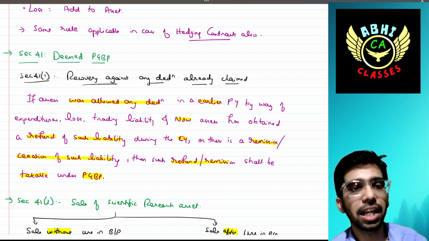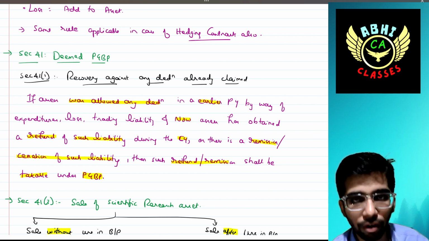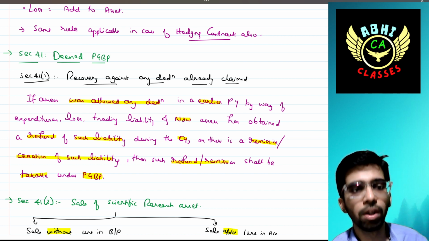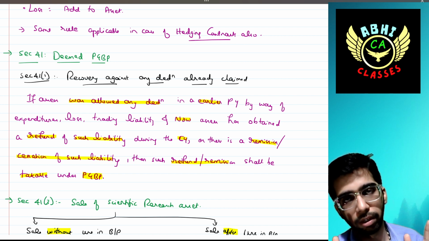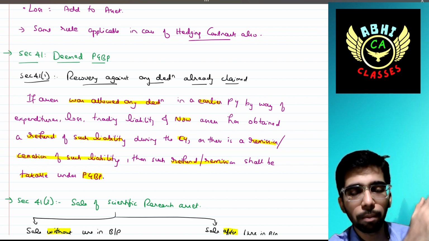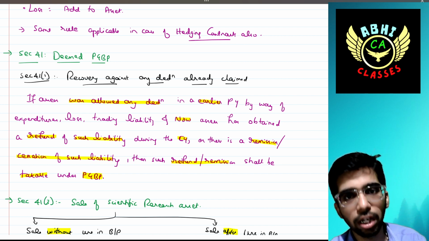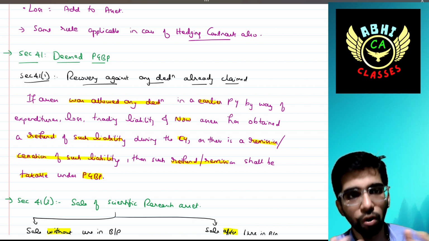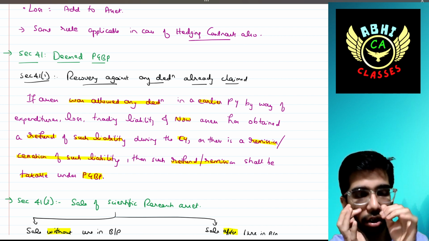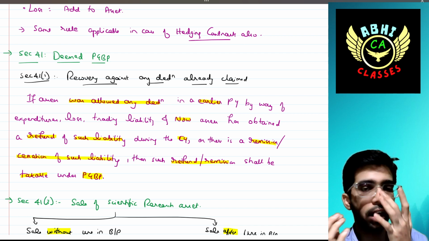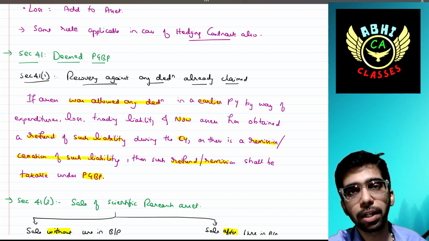This is treated as cessation of such liability. Then such refund, remission or cessation shall be taxable under PGBP. If it was allowed in a previous year, and if it is remitted, refunded or ceased, then that will be treated as PGBP taxable income.